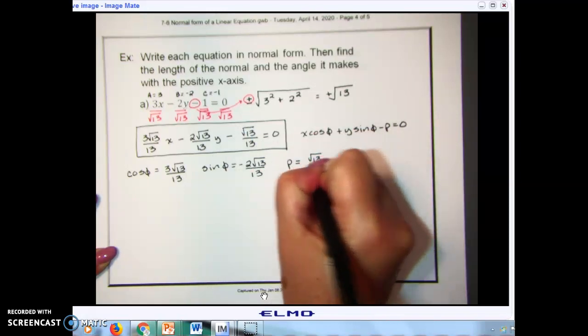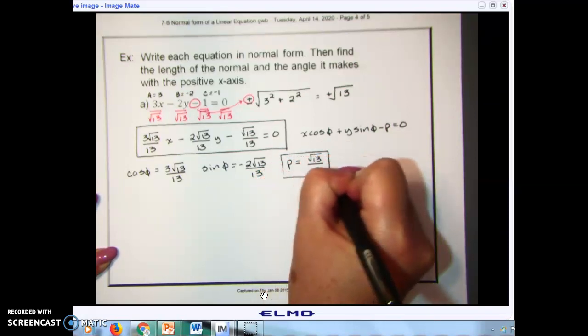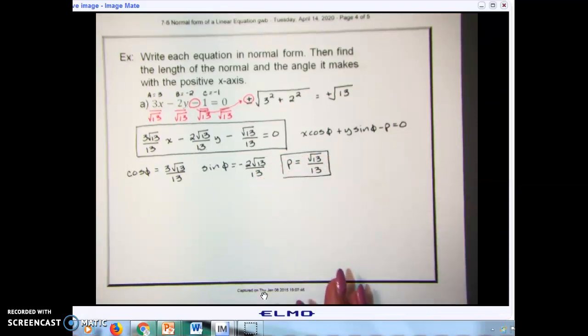So remember, p always has to be positive. So we actually have the length of the normal right here. So we found the normal form and we found the p-value.